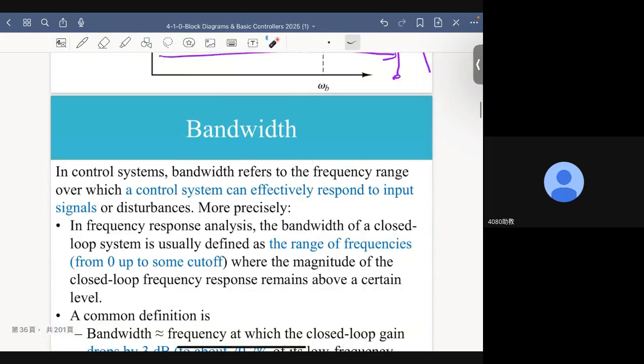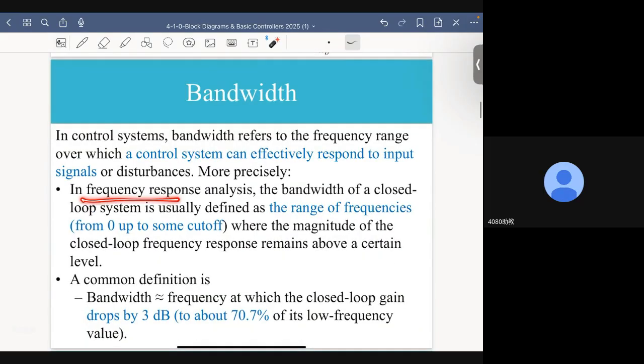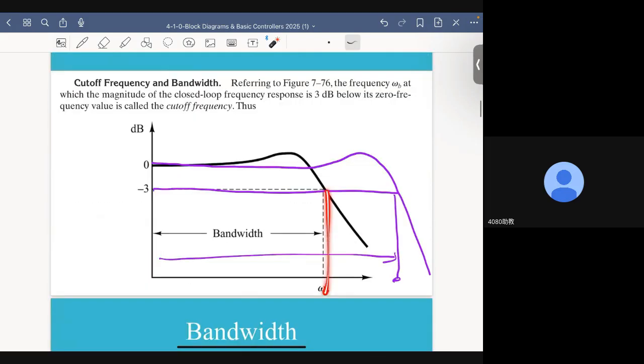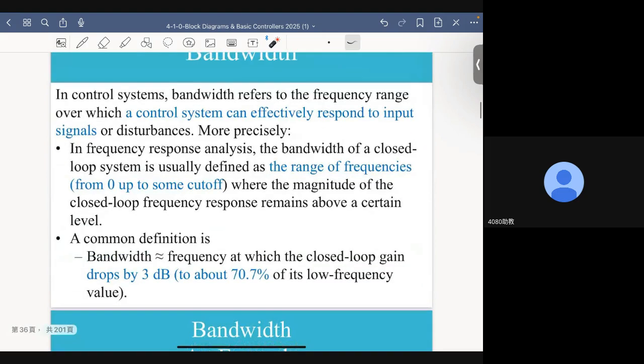Okay. So in frequency response analysis, the bandwidth of a closed-loop system is usually defined as the range of frequency from 0 to some cutoff. This is the cutoff point, okay? It is where the magnitude of the closed-loop frequency response remains above a certain level.